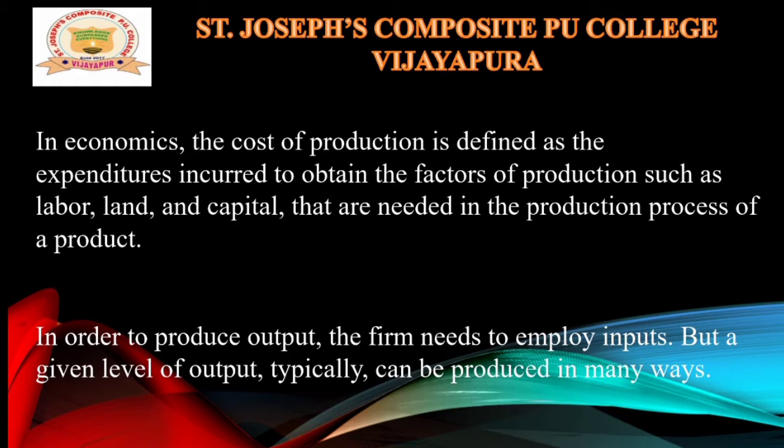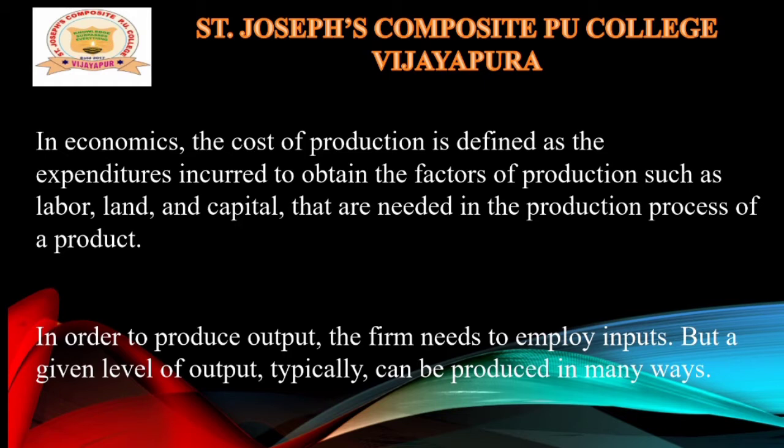And these factors are rewarded for their contribution of services in the form of rent, wages, interest, and profit. Right? So these rewards or remunerations form the cost of production.